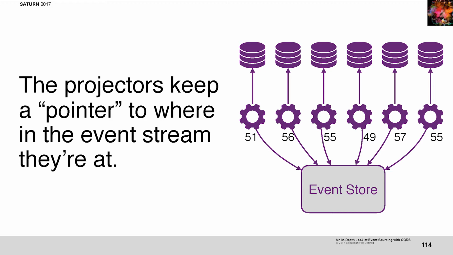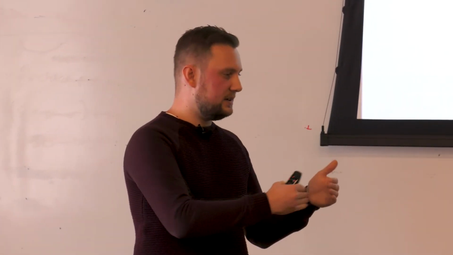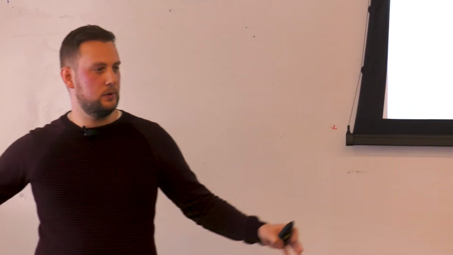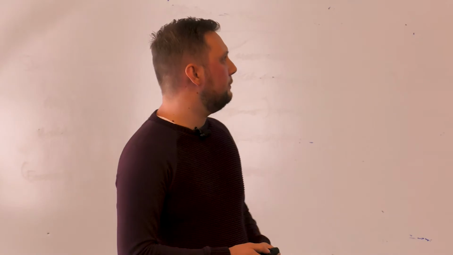So they keep reading events from the event store, understanding where they are in the stream. They keep track of that. It's their responsibility. It's not the event store's responsibility to know where individual projectors are up to. The projections are disposable, and how we deal with that is we reset that pointer or that bookmark to 0, and then we go again.